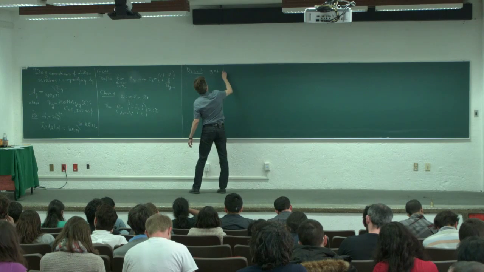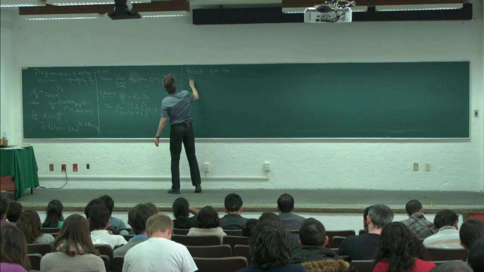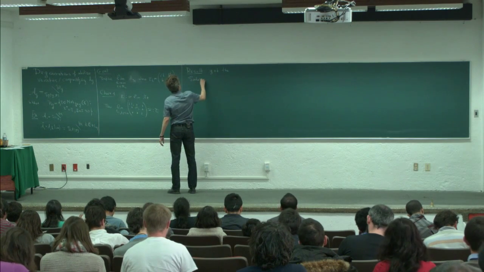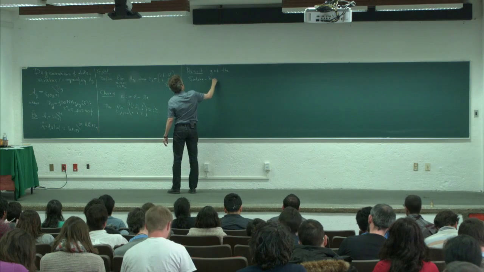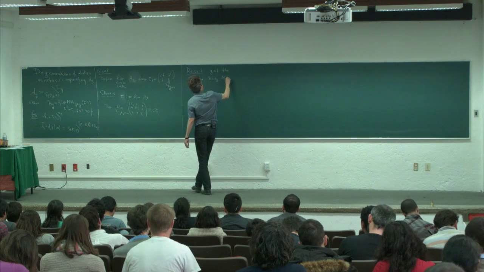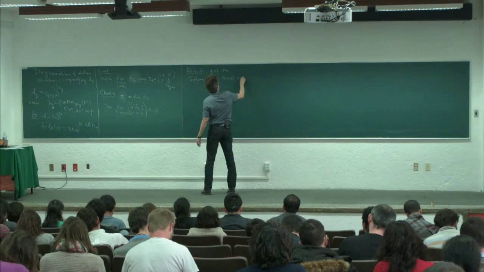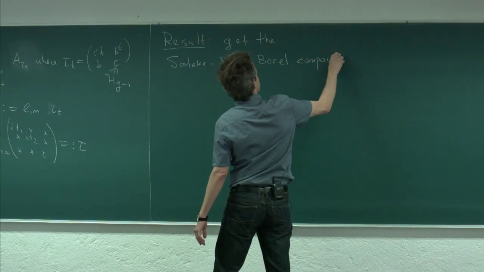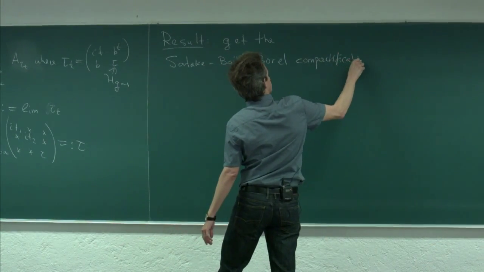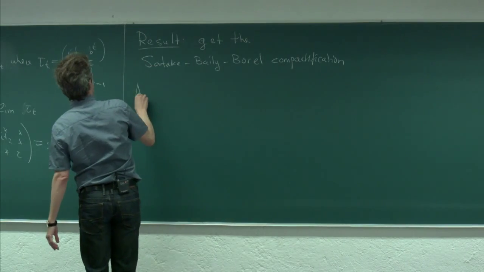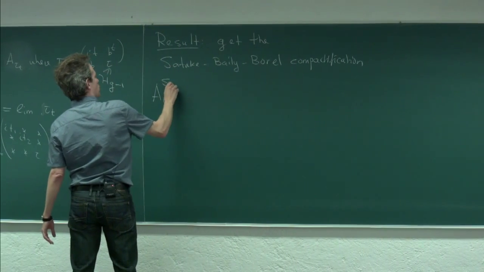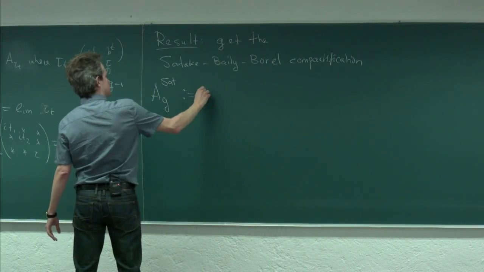so-called Satake, it's usually called Satake, Bailey, Borel, depending on who you ask, compactification. A_G Satake, which as a set is very simple to describe.